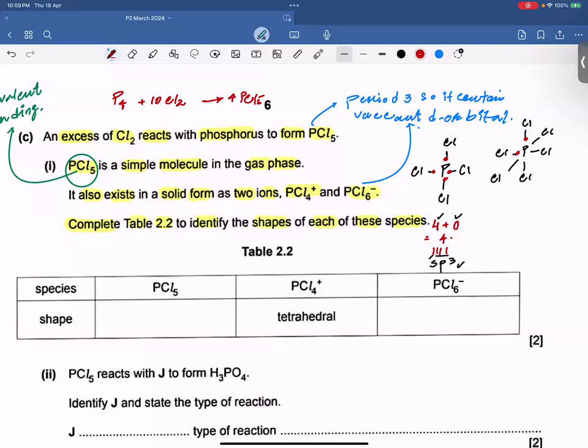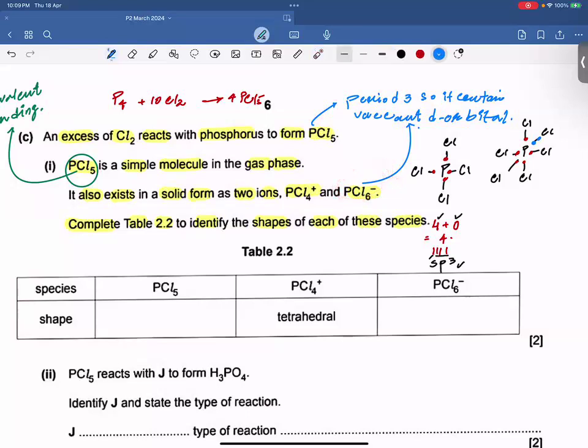So 1, 2, 3, 4, 5. And obviously, this must be the chloride ion, which is involved in the chemical reaction with the vacant d orbital of phosphorus, and hence this PCl6 negative is formed.